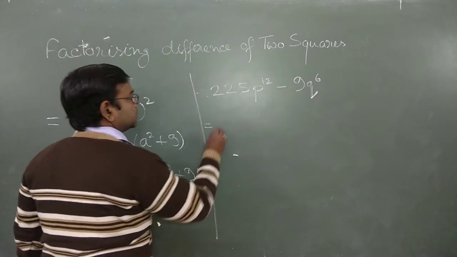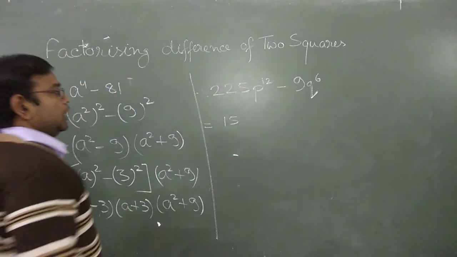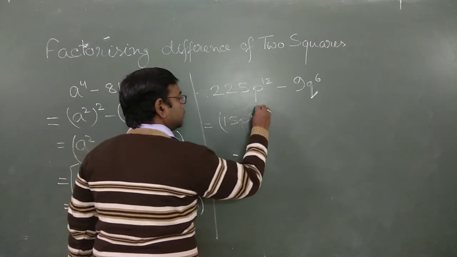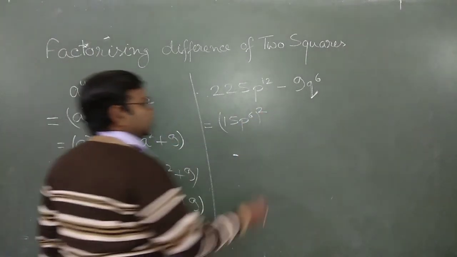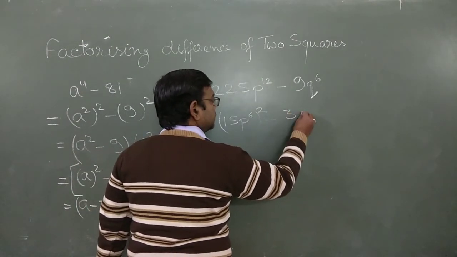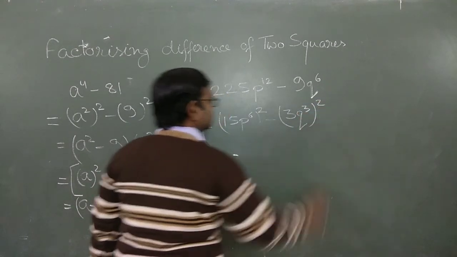As we know that square root of 225 is 15. Clear? And square root of p to the power 12 is p to the power 6 whole to the power 2. Likewise. Now minus, it's a 3 q to the power 3 whole to the power 2.